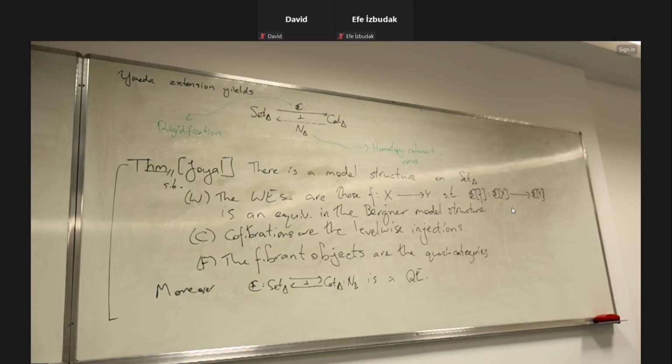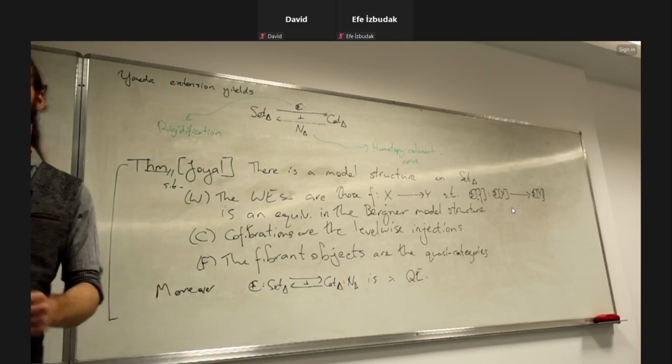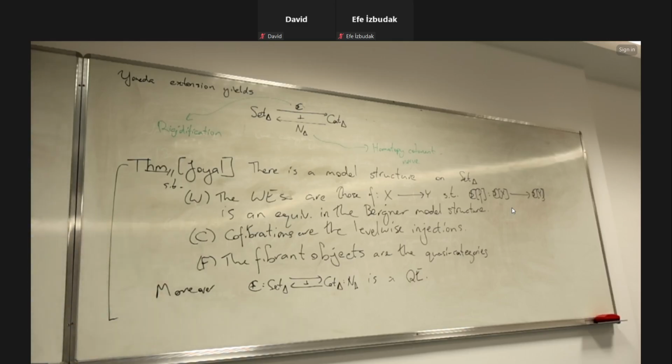The fibrations and the weak equivalences are somewhat tricky to characterize on the simplicial set side. And hopefully in the fourth lecture, I'll explain how a slight adjustment of the combinatorial framework gives you a better handle on the weak equivalences, at least between fibrant objects.